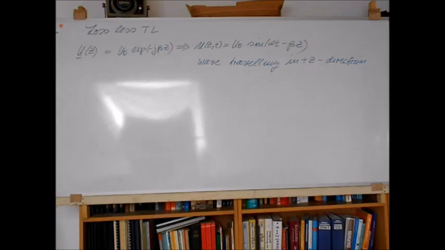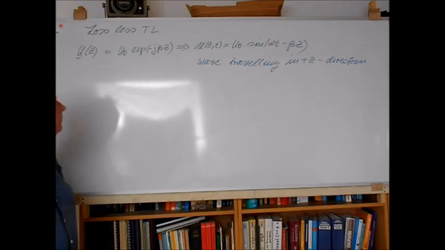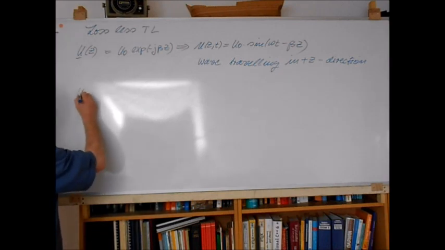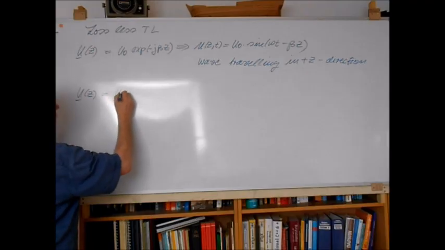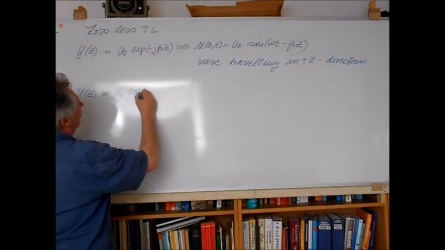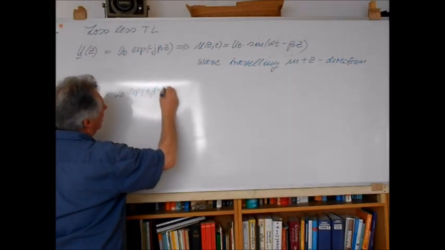Since we have the freedom in choosing this sign, we also can have a solution like this, u of z is u naught times the exponential function of plus j beta times z.